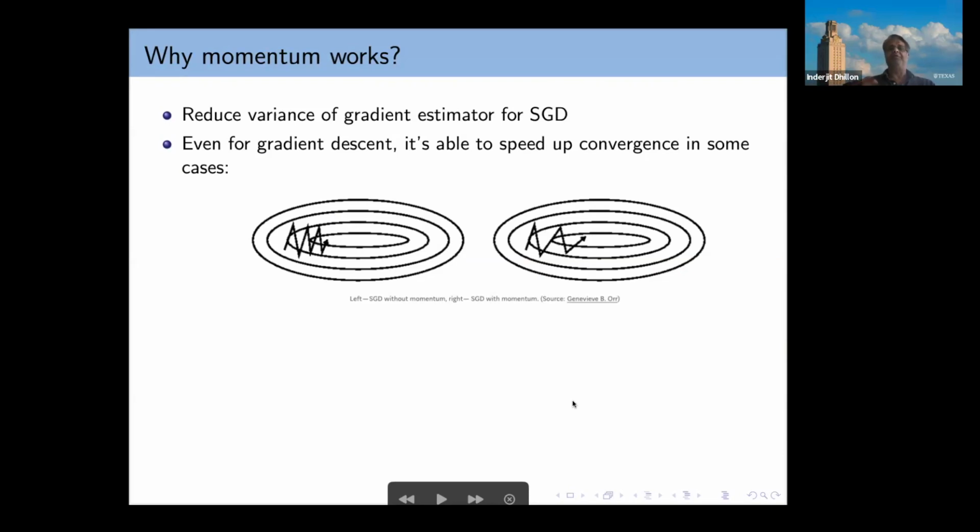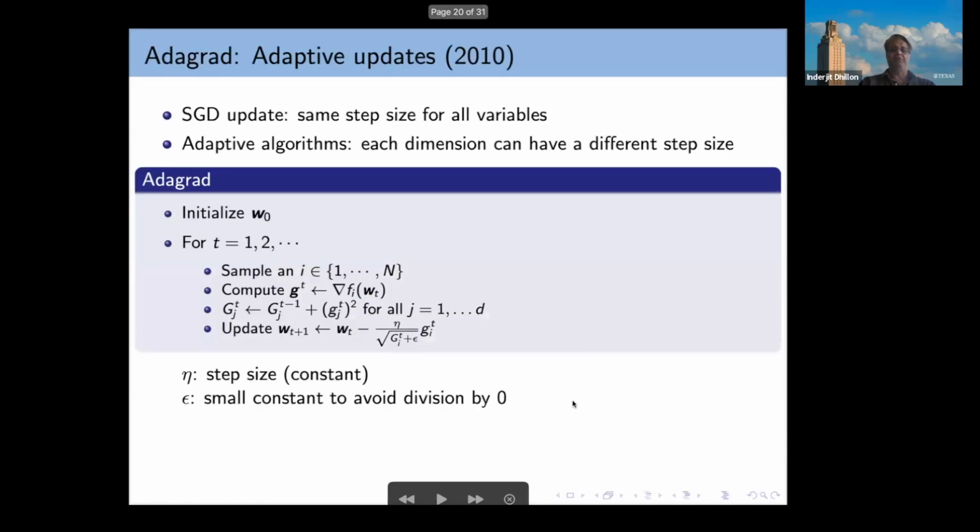But different estimators can vary in terms of their variance. Their variance might be large for SGD, and what momentum is able to do, and you can show it, is that it reduces the variance of the gradient estimator. There are some other techniques that people have developed over the years which can also reduce the variance of the gradient estimator, but momentum is a pretty cheap way. Some of these other methods involve more computation. So that's one justification.